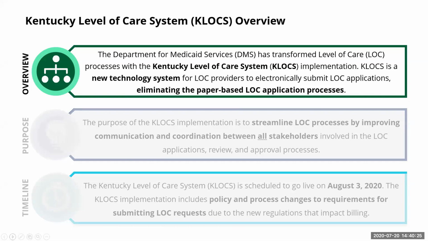Something to call out here, our non-institutionalized hospice services will remain the same at this time. So non-institutionalized hospice is not going to change, but for everything else, those LOC application processes will go from paper-based to now electronic.